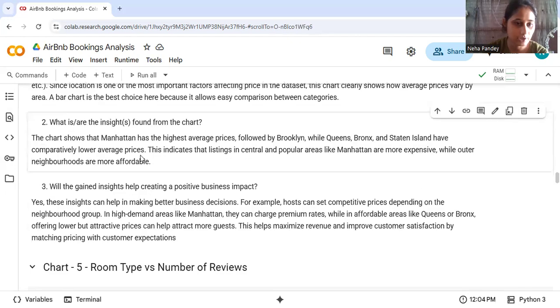The chart shows Manhattan has the highest average price, followed by Brooklyn, while Queens, Bronx, and Staten Island have comparatively lower average prices.